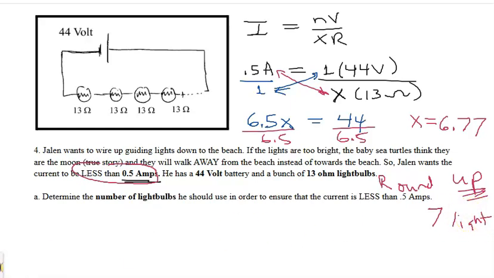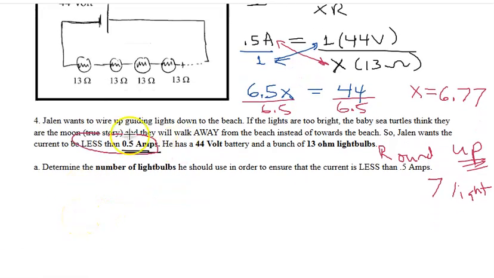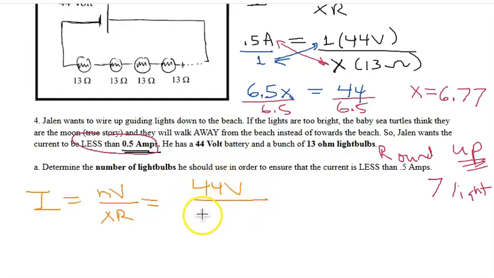And then you can see I'm copying my PDF answers. It didn't ask you to find the current, but let's just do it one more time just to check our work to make sure that we have less than 0.5 amp. So I is number of batteries times voltage divided by total resistance. And we have one 44-volt battery, and we have 7 13-ohm light bulbs.